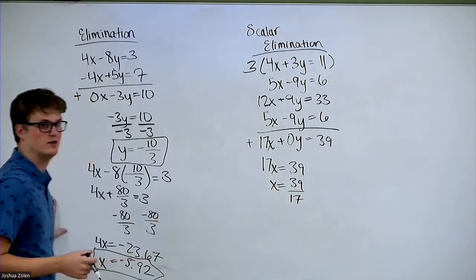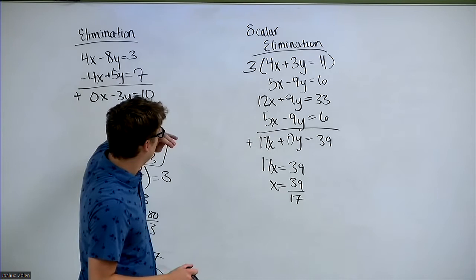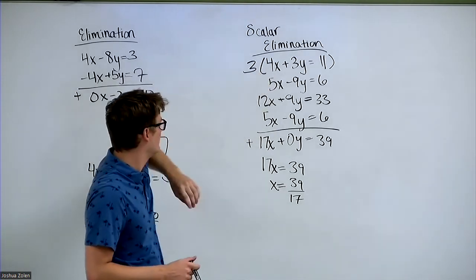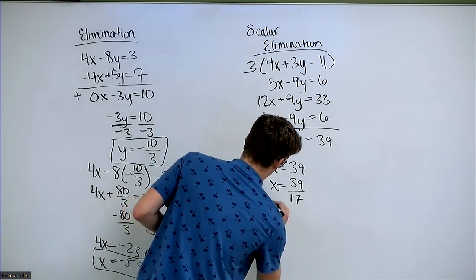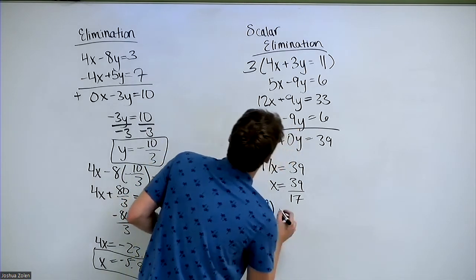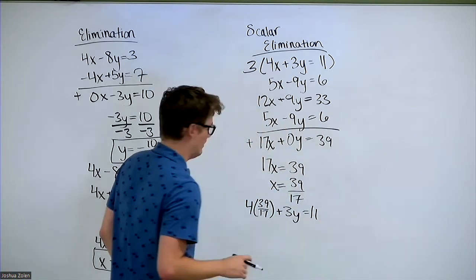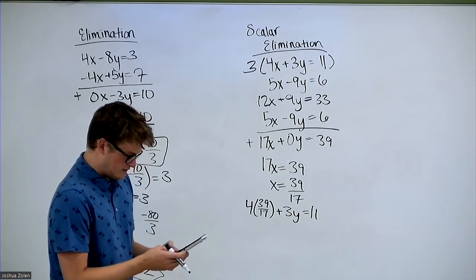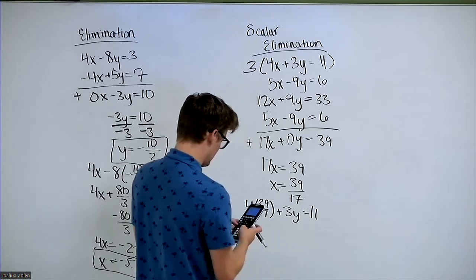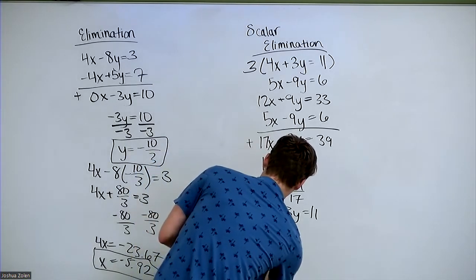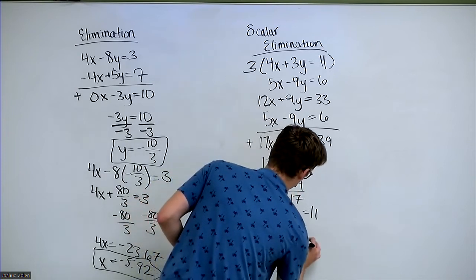Now, just like we did over here, we also had to solve for the second variable. We know x. Now we're going to plug that into this top equation again, and we're going to solve for y. So we're going to have 4 times 39/17 plus 3y is equal to 11. 4 times 39 over 17 is going to be 156 over 17 plus 3y.